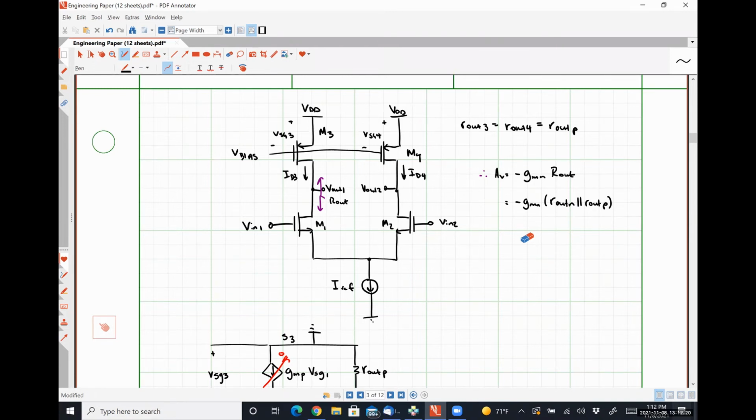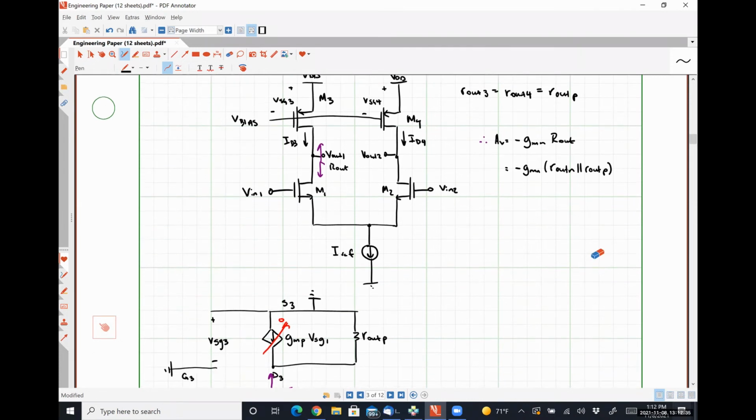So we could take this one step further by cascoding things as well. That's actually going to give us a lot more gain if we cascoded things, right? So let's just write this down here. If we cascoded M1, 2, and cascoded M3 and 4, what would wind up happening?